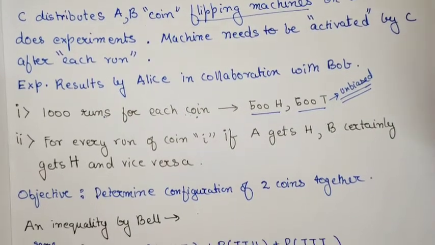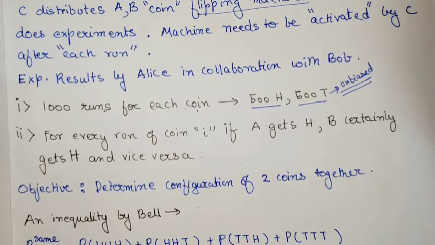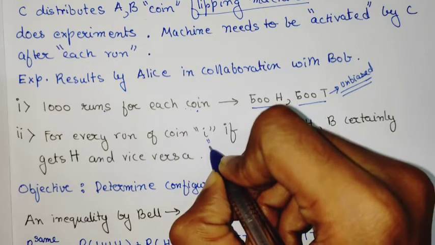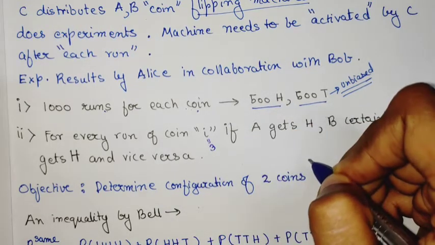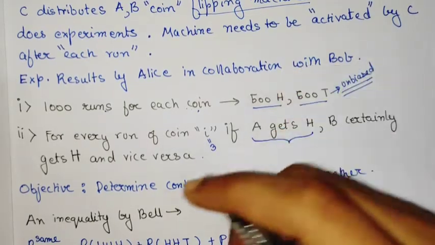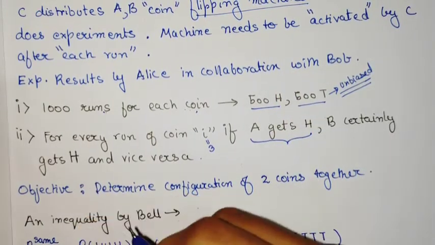Now she performs the second experiment in collaboration with Bob, and what she sees is that for every run, if she selects some coin i, which can be 1, 2 or 3, suppose it is 3, and if Alice gets heads, then Bob also gets heads.